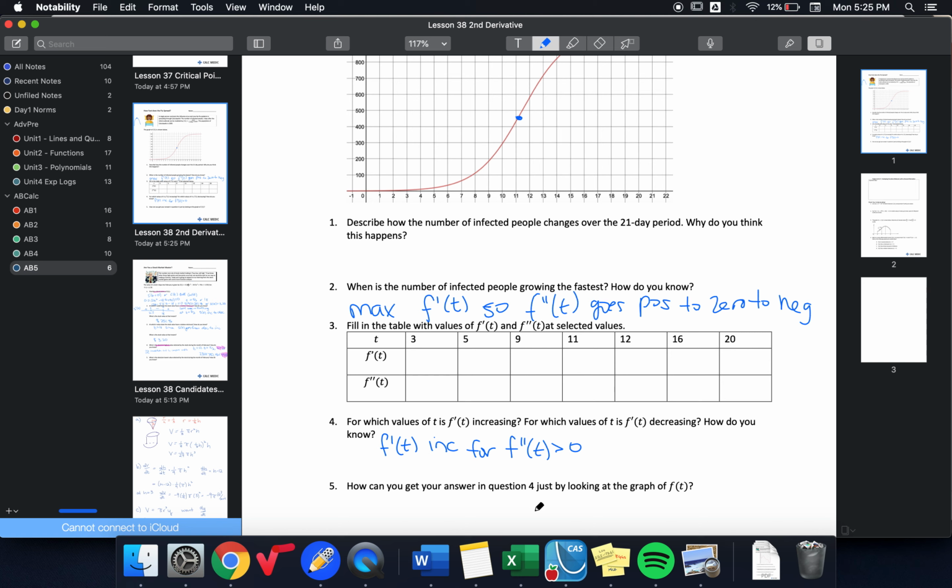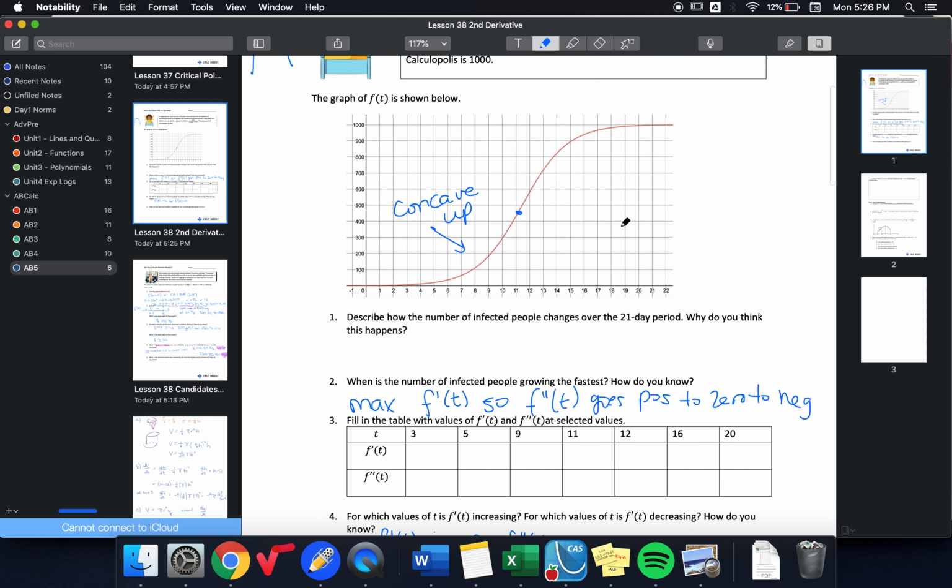Getting to my answer in question 4, looking at the graph of f of t, in this case, this shape is concave up. So I know that my first derivative is increasing because my second derivative is positive.